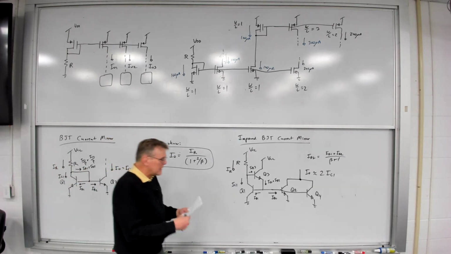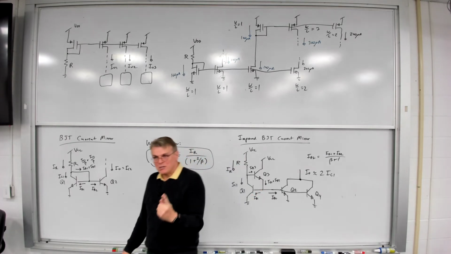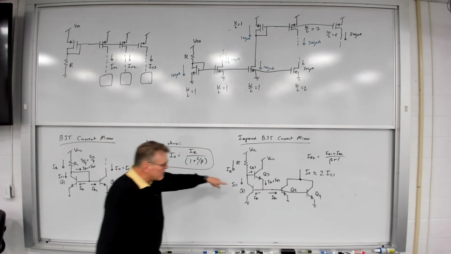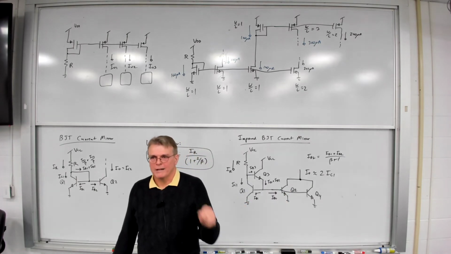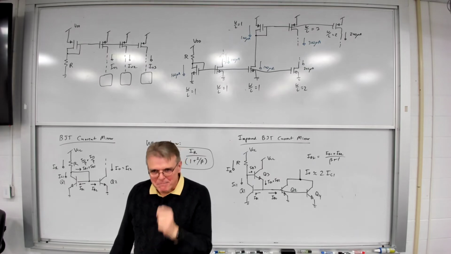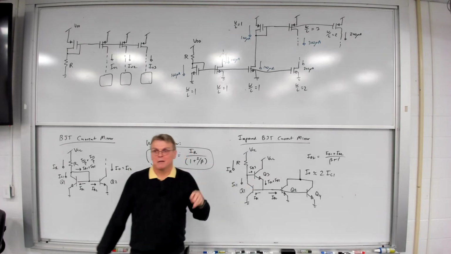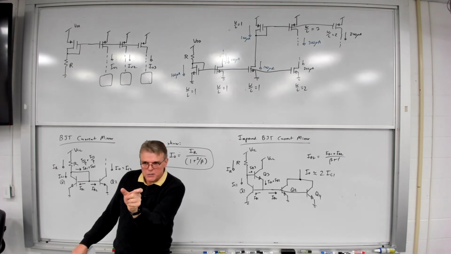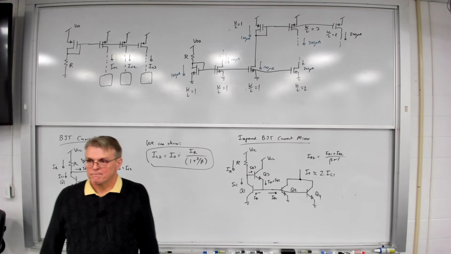So again, I just want to emphasize that these techniques rely on matching. So you can't go into the lab, for example, and pull a bunch of 2222s out of the drawer and connect them together and expect this to work. Not unless you very precisely match them together. On an integrated circuit, however, they work beautifully because you can manufacture the devices right next to each other on the layout, and you know they're going to have the same characteristics. All right?